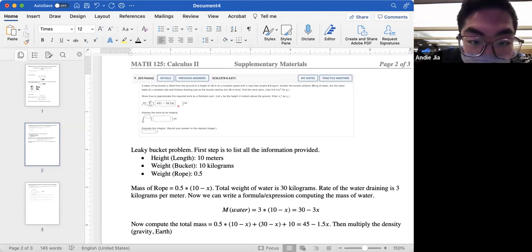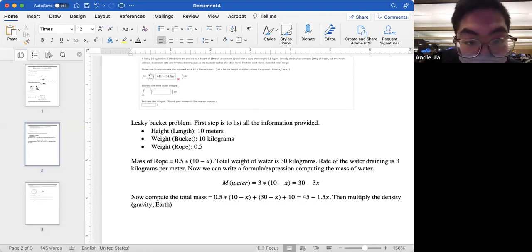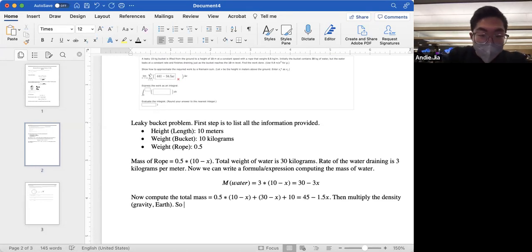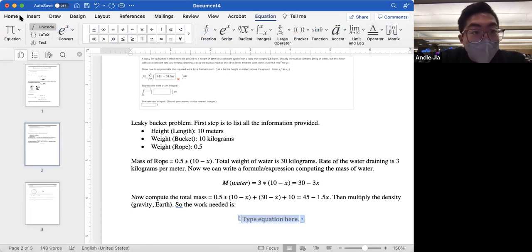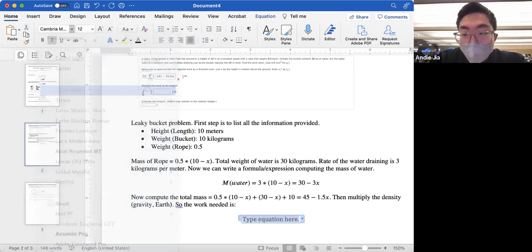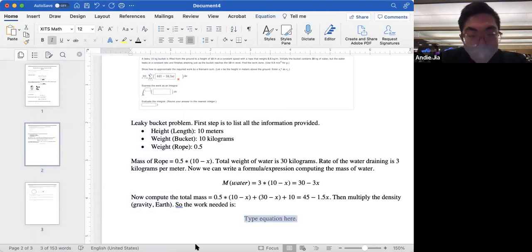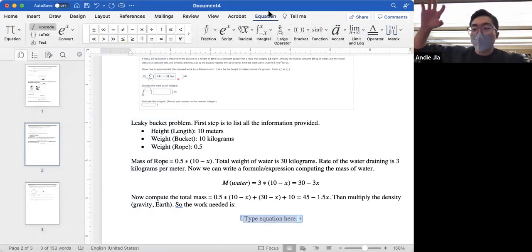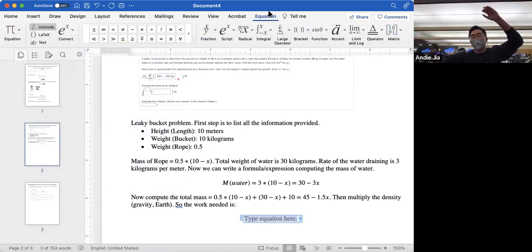So the work needed is this integral. 10 is the upper bound of the height. Because this time you're doing the work of pumping up, it's a vertical motion.